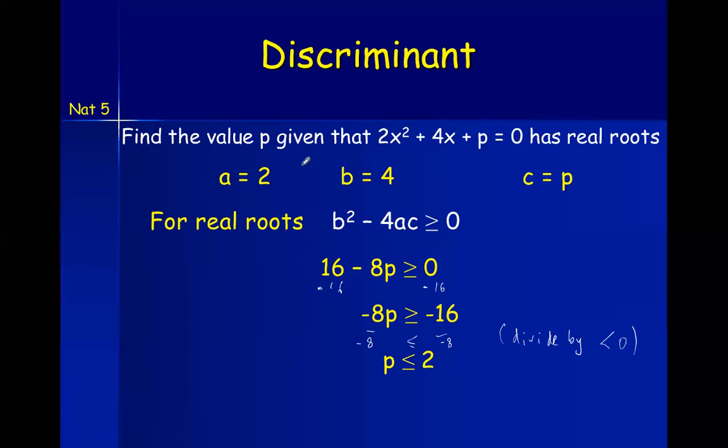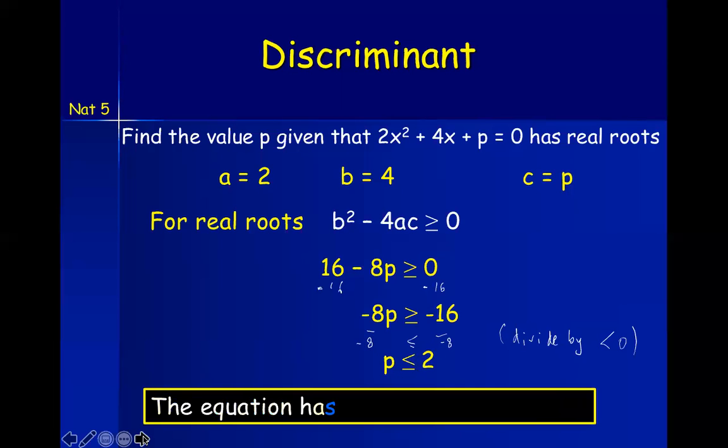And that's when, to answer this question, find the value of P given that it has real roots. P can be any number less than or equal to 2. So 2x squared plus 4x plus 2 would give me real roots, or P equal 1, etc. Okay, so that's how you would answer that kind of question.